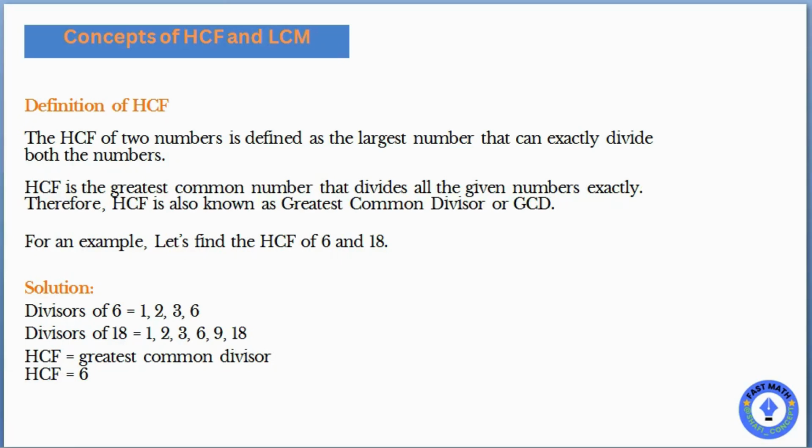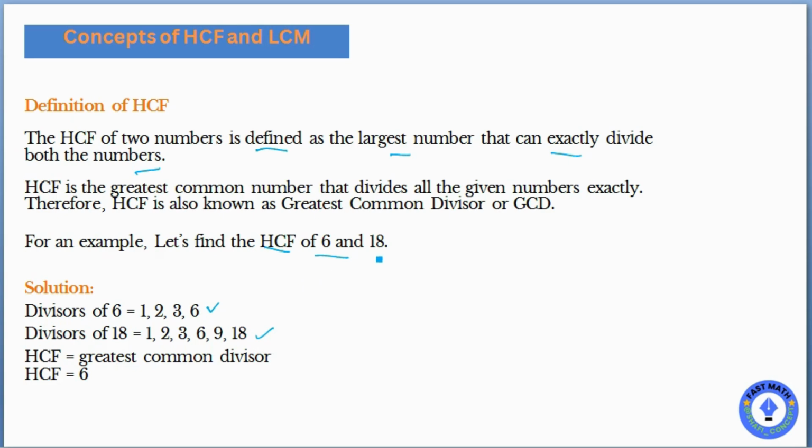Let's check out the concepts first. These concepts you have already discussed in the first part of the channel. However, I want to reiterate so that you have a better understanding. HCF is nothing but the maximum number that exactly divides the numbers. Likewise, the HCF of any numbers is the common divisor of those numbers.